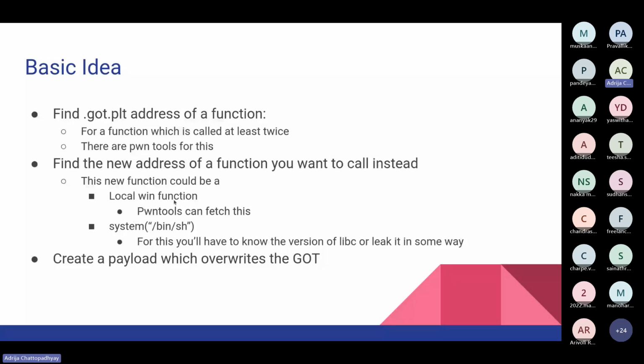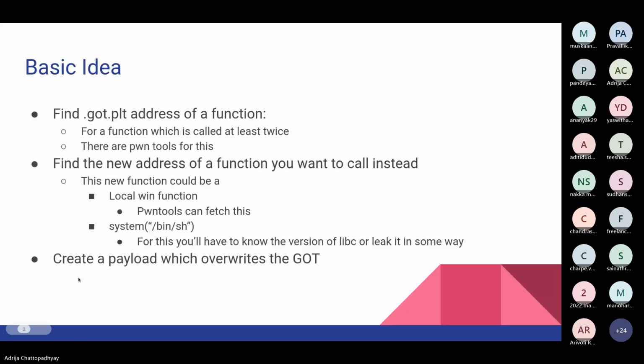So we find this; this is the function we want to call instead of whatever functions are being called right now. The second is that we directly call system /bin/sh from libc, so we ourselves are spawning the shell.